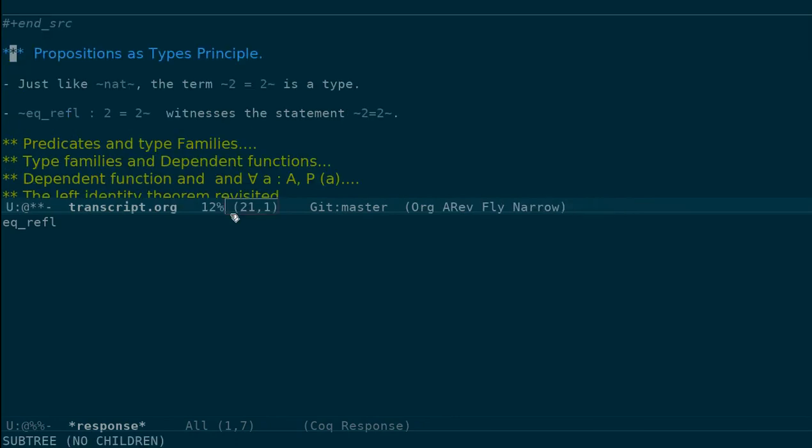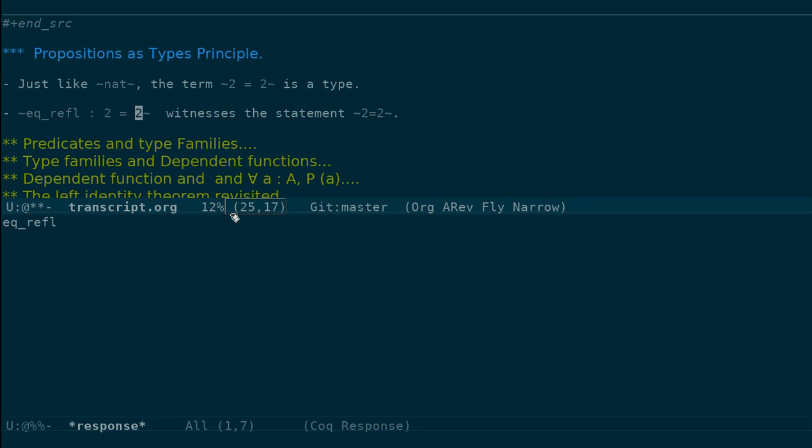So this principle is known as the mathematical propositions as types principle. Just to specialize it for this case, just like nat, the term 2 equal to 2 is a type. So a mathematical statement like 2 equal to 2 is a type, just like nat. And to prove this statement 2 equal to 2, I produce an element of type 2 equal to 2.